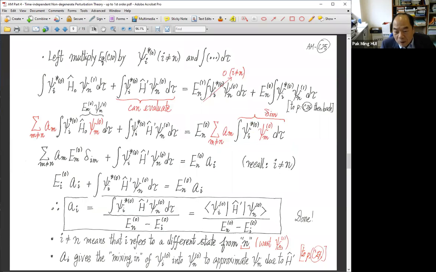Therefore, after I write it as delta_im, I can do the sum, okay? The sum will sooner or later hit i. Therefore, I will pick up A_i times the zeroth order energy. Remember, when I left multiply by phi_i zero, the zeroth order state, i is not equal to n. So i is not n. This is exactly what we want to solve.